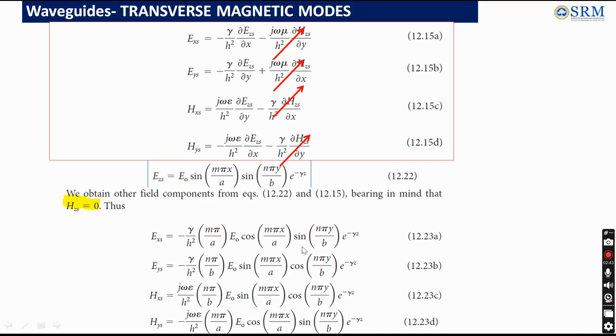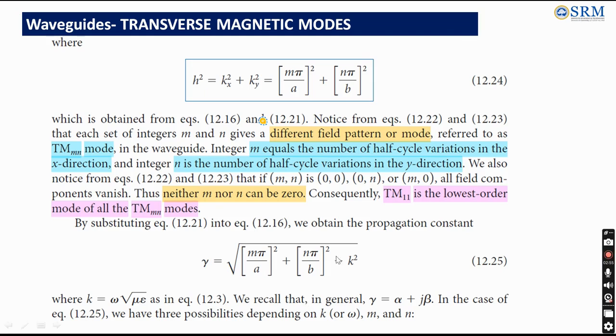Here I can't take the n value as 0, because the entire term vanishes. In this expression, I can't take m as 0. So in all the cases, I can't take these values as mode numbers. It cannot be 0. So TM11 is the lowest order mode of all the available modes in TM mn mode.